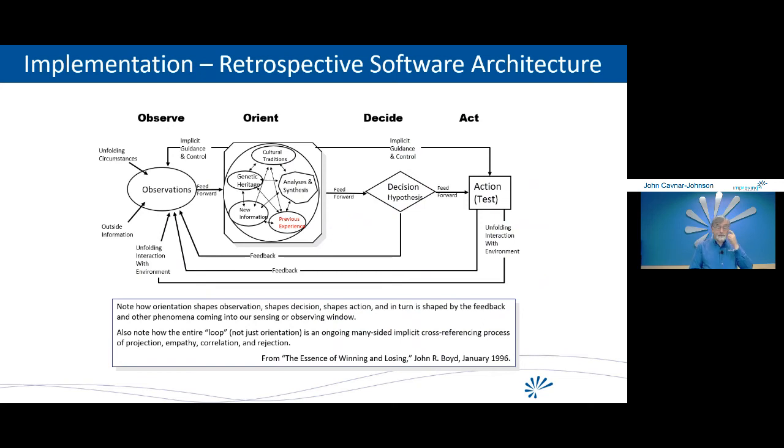So we're going to go back to Boyd's questions here, his OODA loop. You'll notice that all I've got highlighted there is previous experience. If your system doesn't have a way of incorporating previous experience into the architecture, it's not going to be able to answer these questions very well.